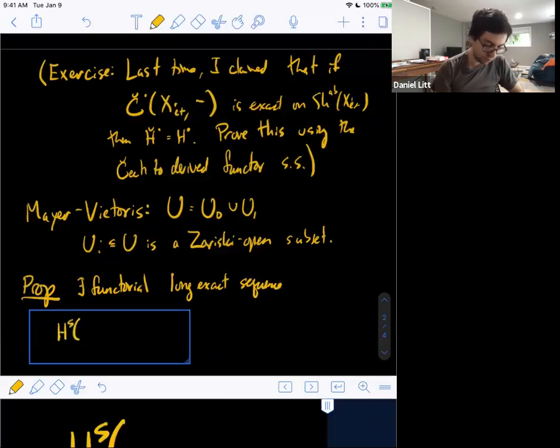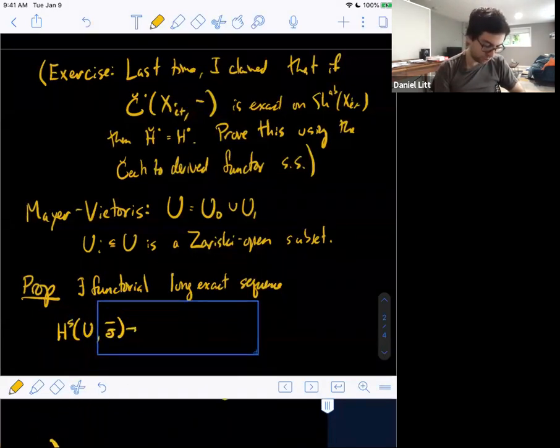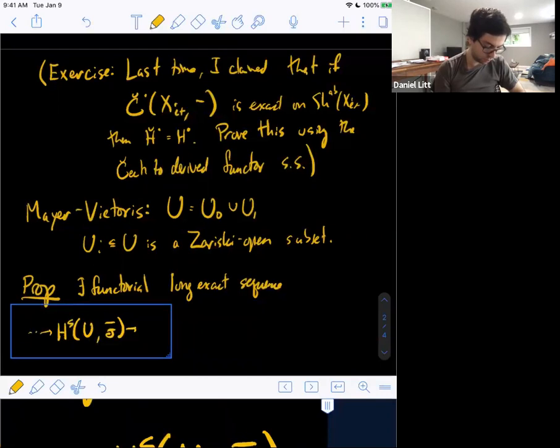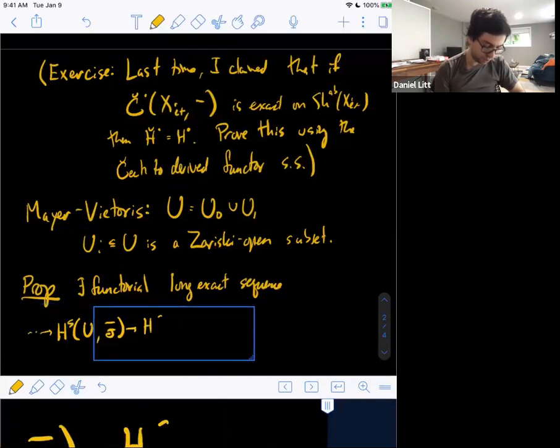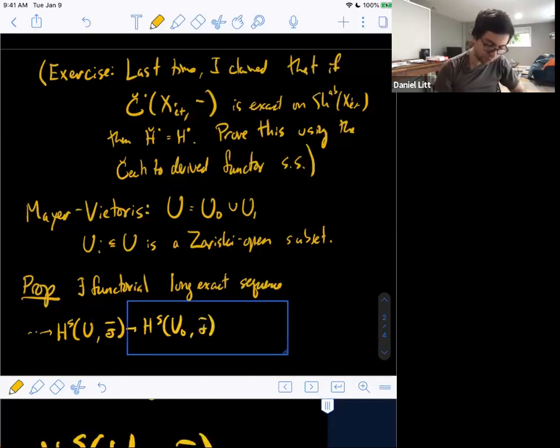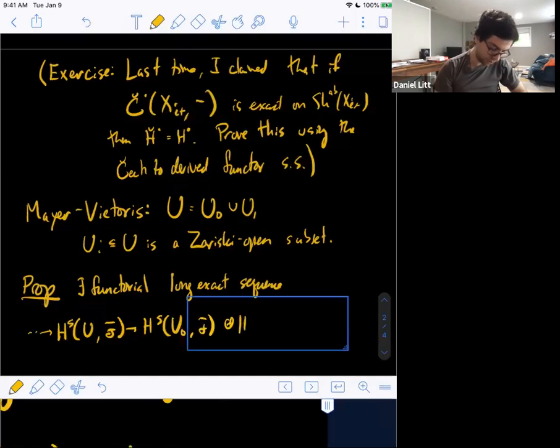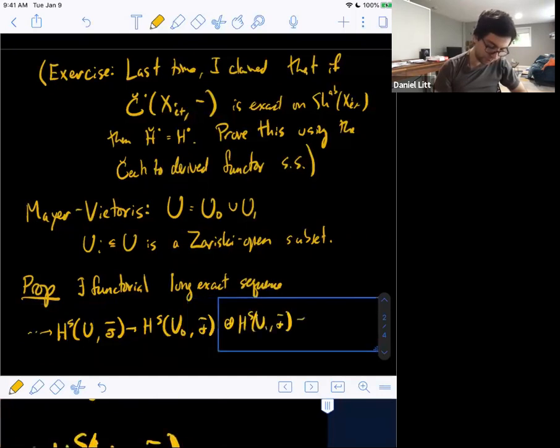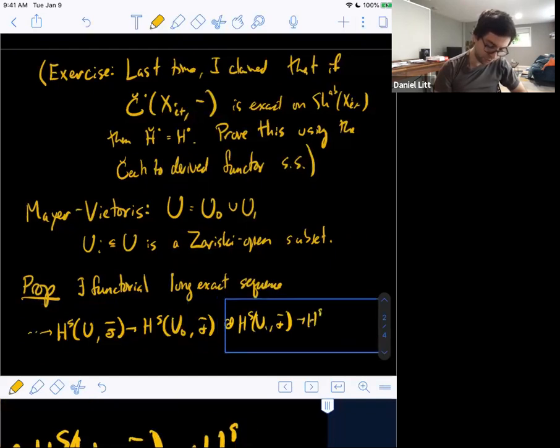So it goes, let me write it out this way: H^s of U, F, to H^s of U0, F direct sum H^s of U1, F, and this maps to H^s of the intersection.